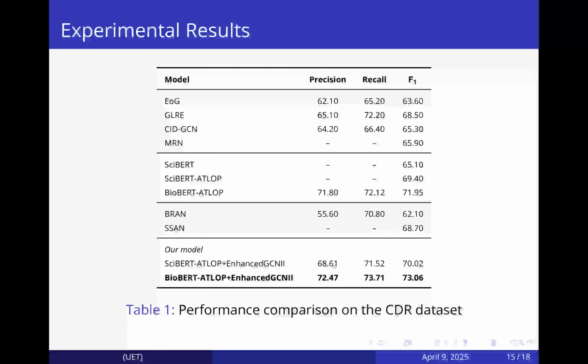For instance, BioBERT combined with enhanced GCNII achieved an F1 score of 73.06 compared to the previous best of 71.95. And these results highlight the robustness of our approach for document level relation extraction.